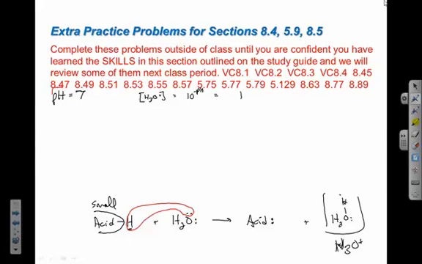That's 1 times 10 to the negative 7. So when I plug that in, my molarity of H3O+ equals 1 times 10 to the negative 7. That means I've got 1 times 10 to the negative 7th moles of H3O+ in every liter of water. Pure water.